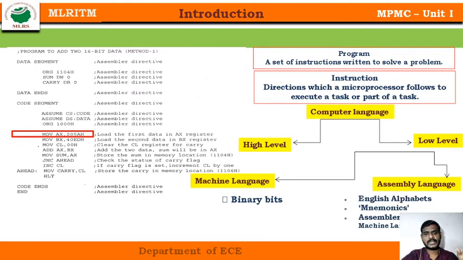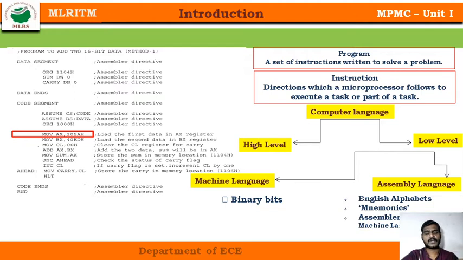In an assembly level language, the programming is a combination of some English alphabets and mnemonics, where mnemonics are a group of English alphabets that a user as well as the processor can easily understand. So how will it be understood?